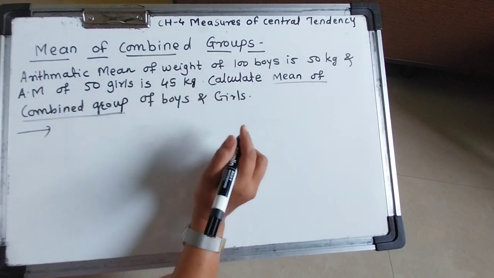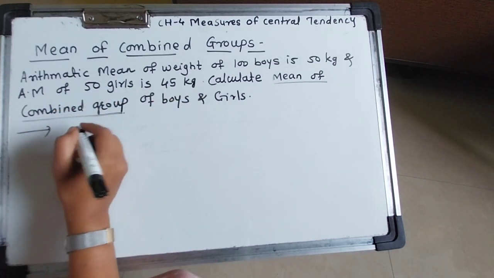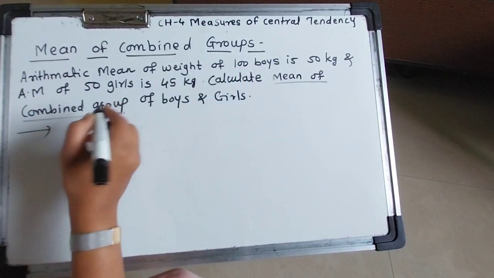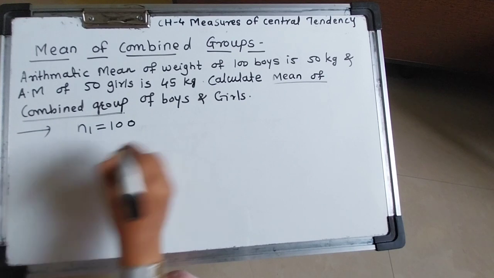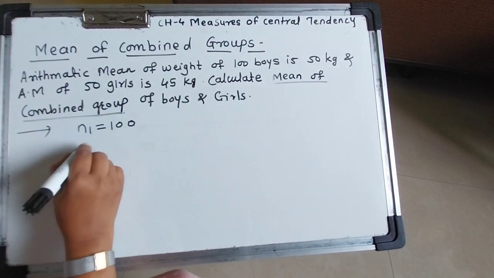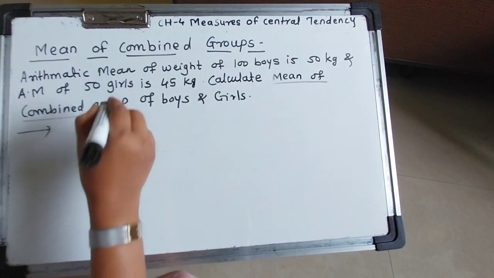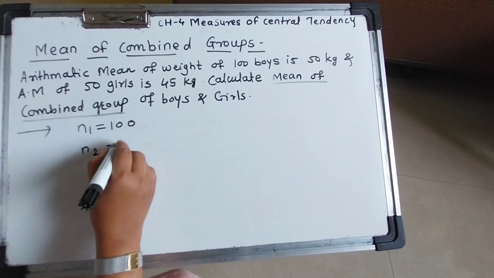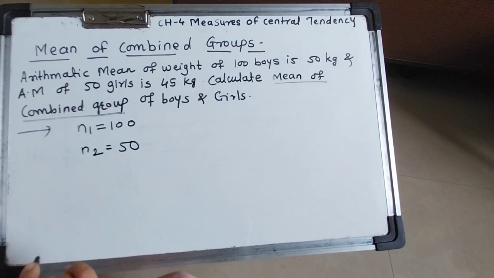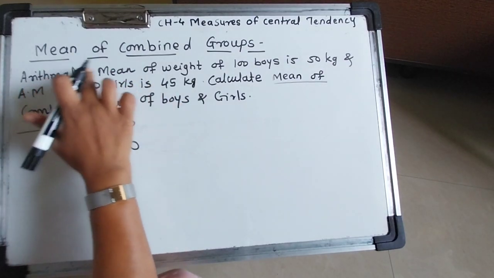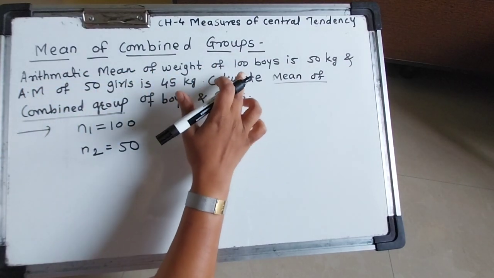Read the statement carefully. See, the 100 boys are there, so N1 is 100, the first group. N2, the second group for girls, so the size of the second group is 50.